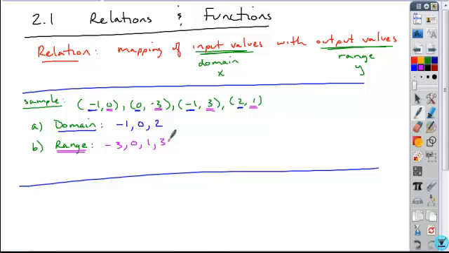Now there's another more specific classification of relation, and that is a function. A relation is a function if each individual input value has exactly one output.